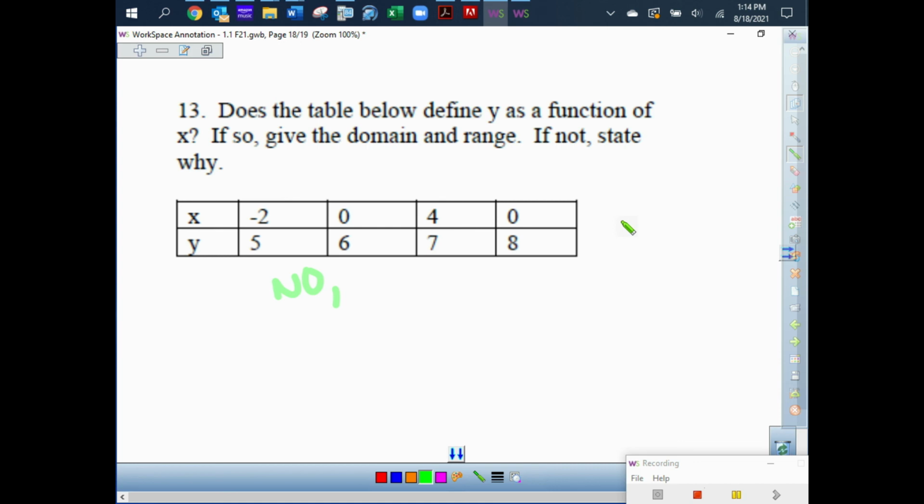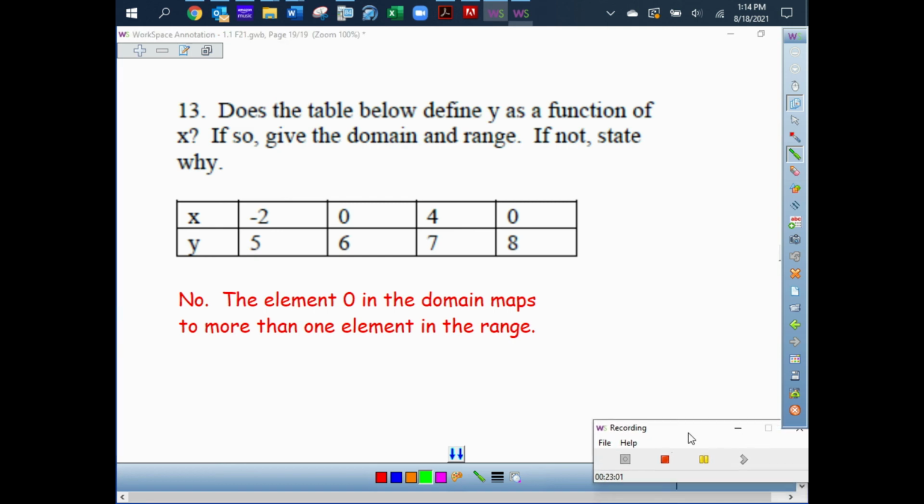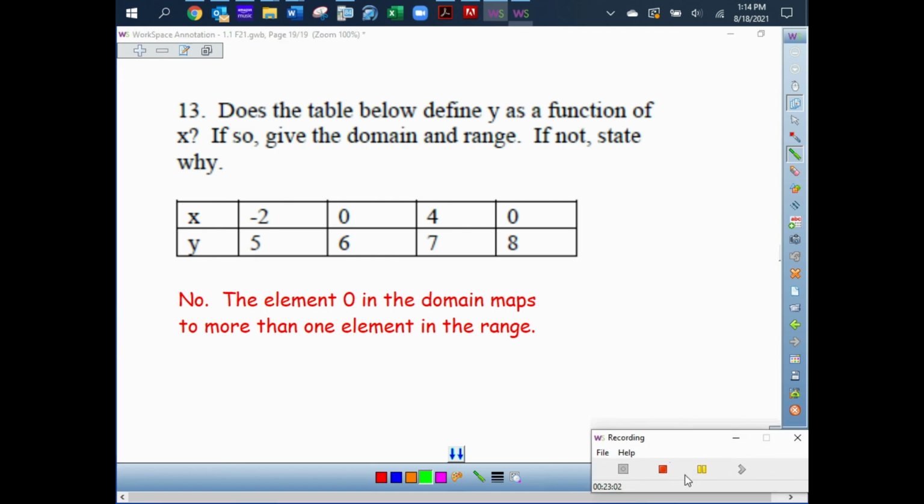So we'll say the element 0 in the domain maps to more than one element in the range. The element 0 in the domain maps to more than one element in the range.